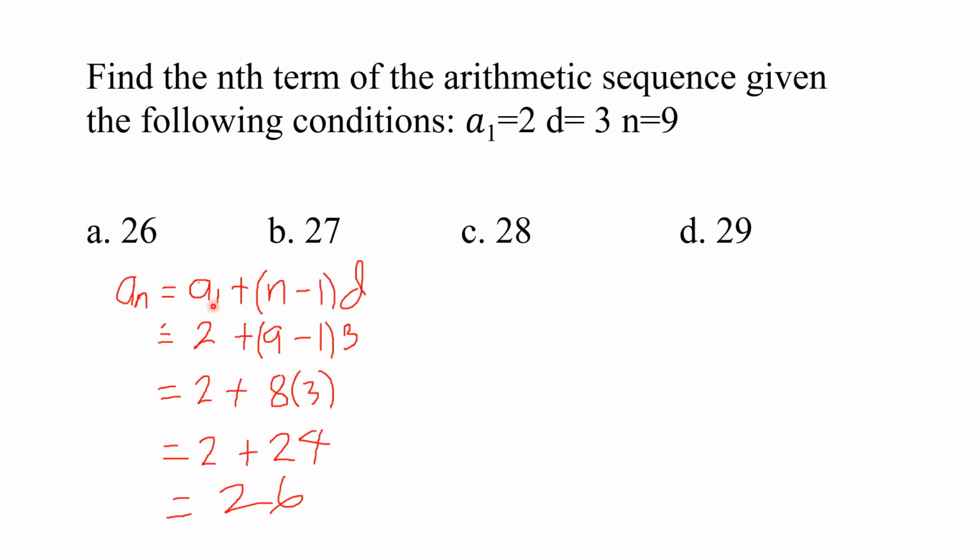So we are going to substitute directly into the given problem. We have a_n, our first term is 2, and then n is 9, minus 1 multiplied by the common difference 3. And then we replace and simplify. 9 minus 1 is 8 multiplied by 3, that is 24, and then plus 2. So therefore the correct answer is letter A. The answer is 26.